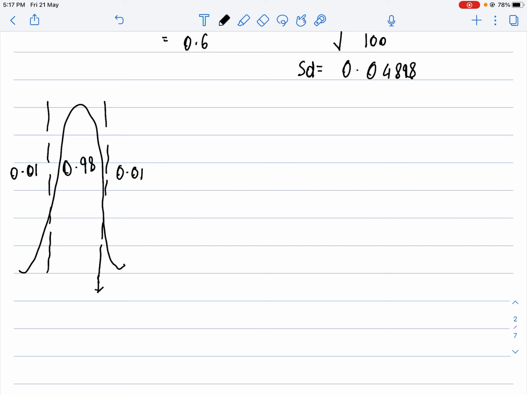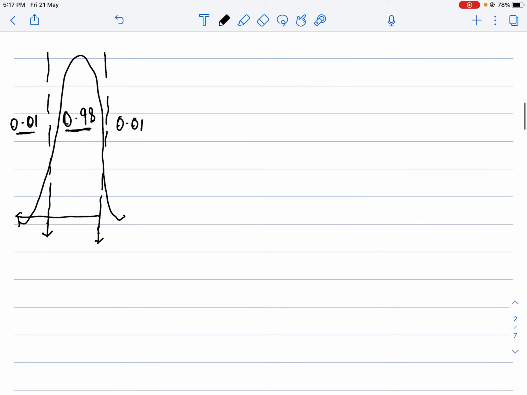Now I want the upper Z value and the lower Z value. For the upper Z value, I need the area below it, which is 0.98 plus 0.01.